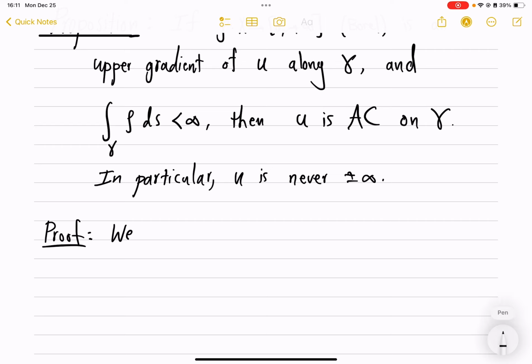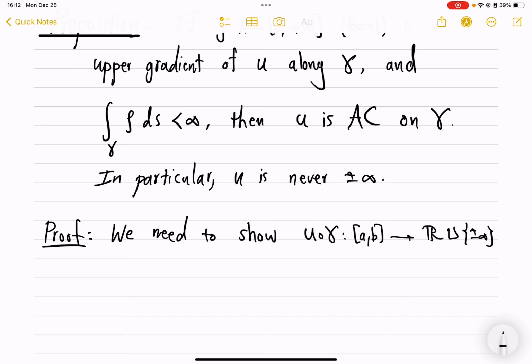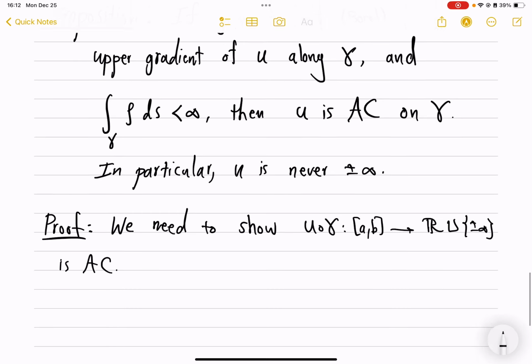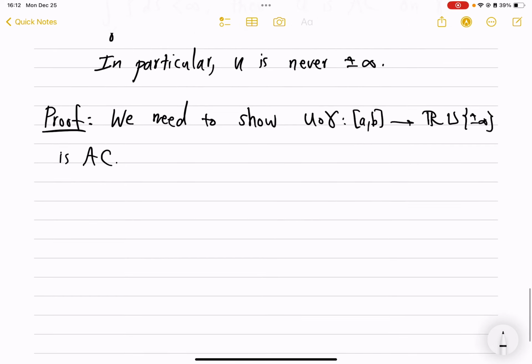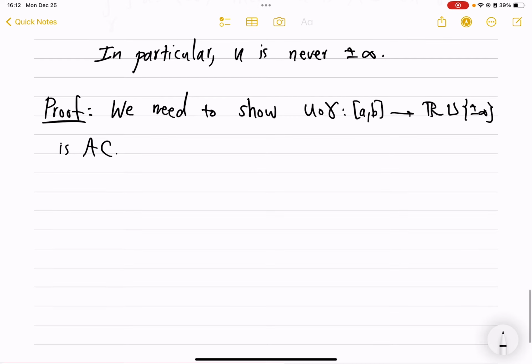So we need to show that u composed with gamma, which is from AB into R, but initially we also know that maybe plus minus infinity, is absolutely continuous. That's the definition of u being absolutely continuous on gamma. Remember, gamma is non-constant, and we've assumed that it's arc length parameterized.